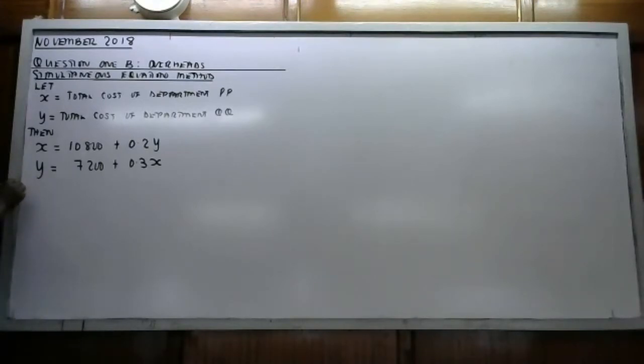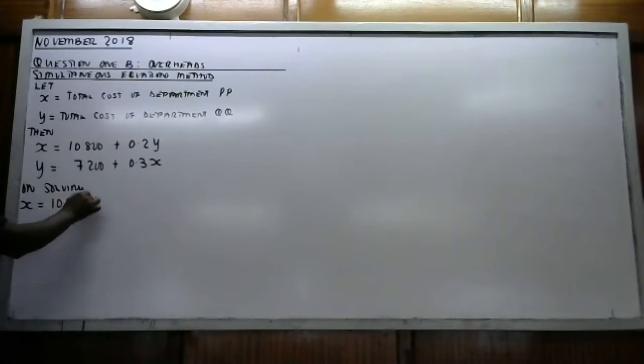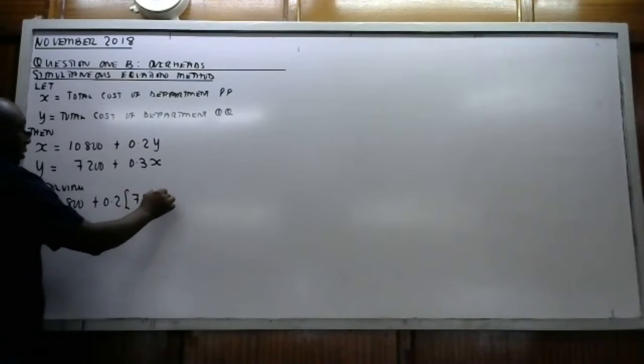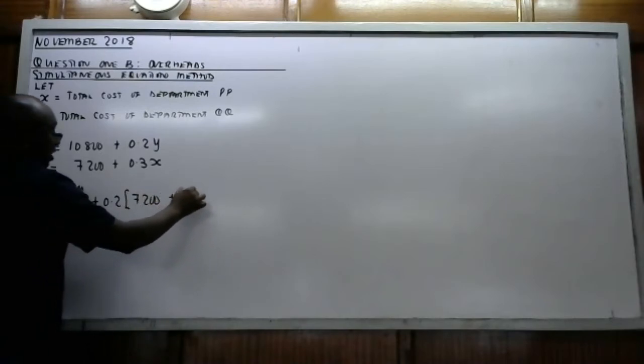So on solving, we will say that X is 10,800 plus 0.2Y. So Y is this one, 7,200 plus 0.3X.